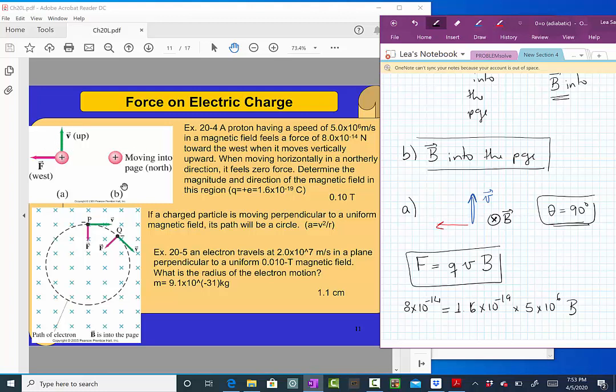It's only when we read part B that we find out the magnetic field is into the page, because if the velocity is into the page, then there is no force. The fact that there is no force tells me that the magnetic field is into the page. After that, we can go back to part A to get the magnitude of this magnetic field. Okay, so this is the end of this problem.